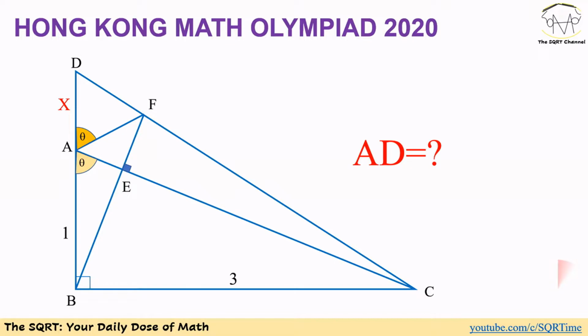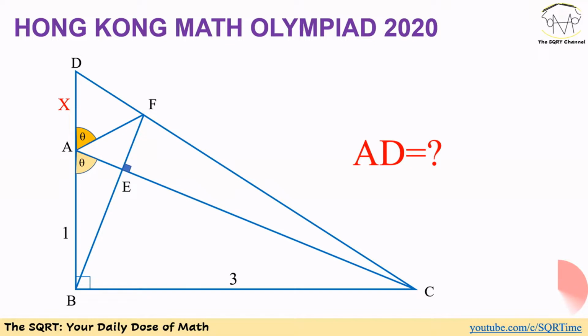In this video, we are going to talk about a problem that we got from the Hong Kong Maths Olympiad from 2020. In this problem, we have a right triangle ABC and the angle that we have for B is the right angle here.